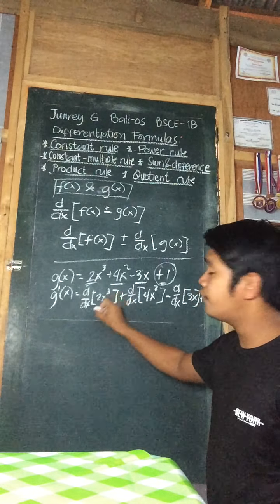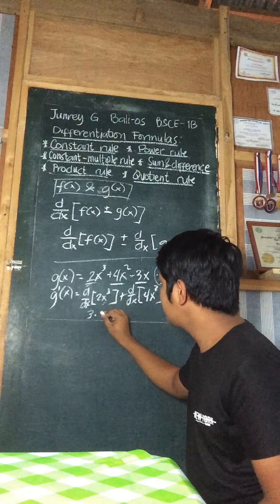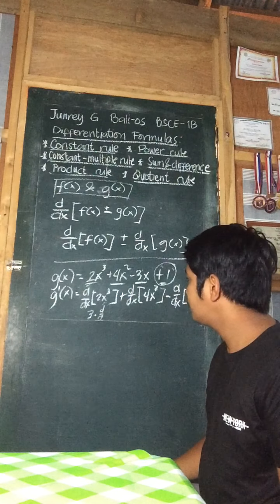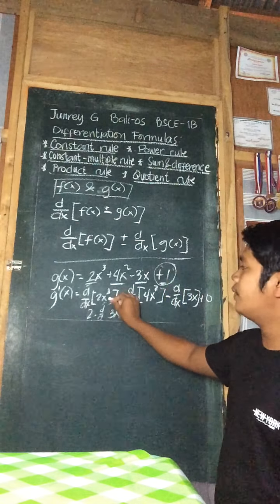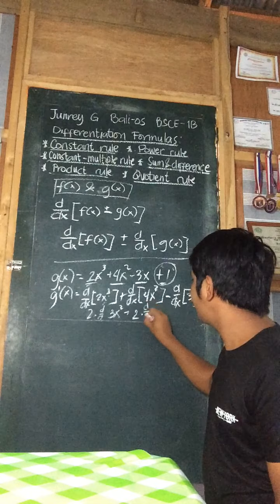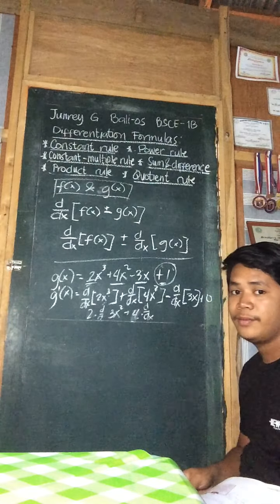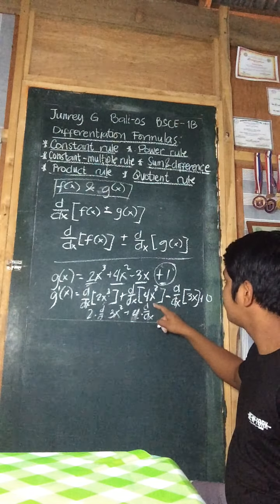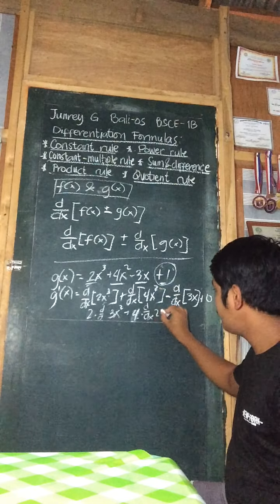To find the derivative of this, we need to do this step. 2 times the 3x raised to 2, which is the derivative of x cubed, plus 4 times the derivative of x squared, which is 2x.